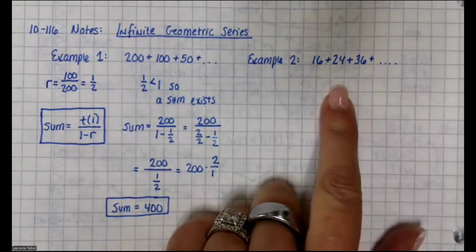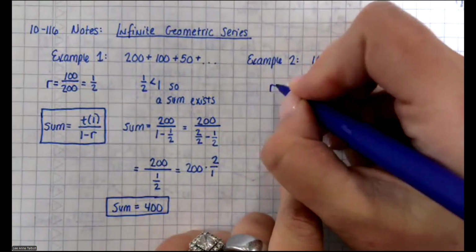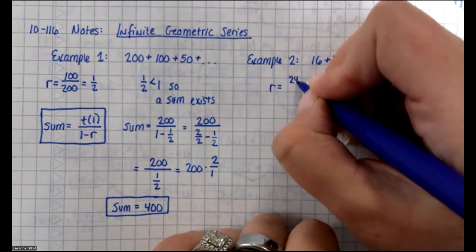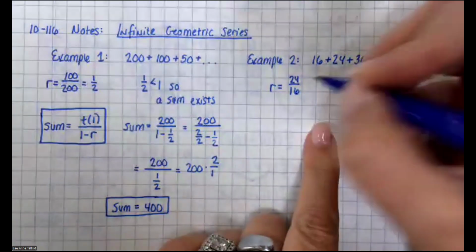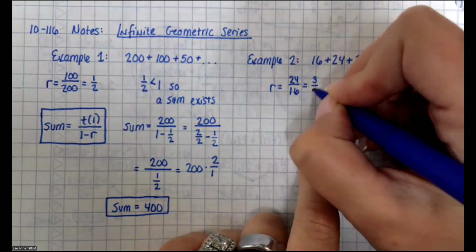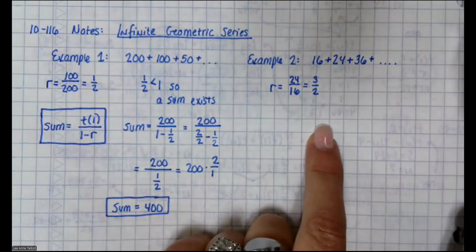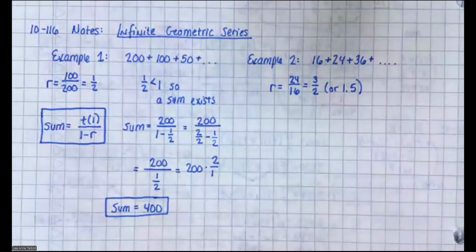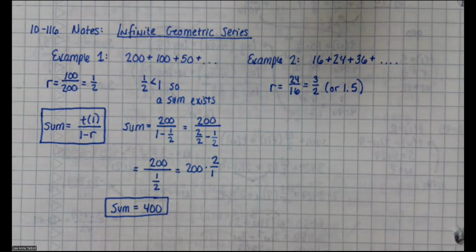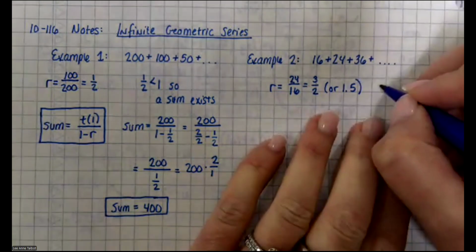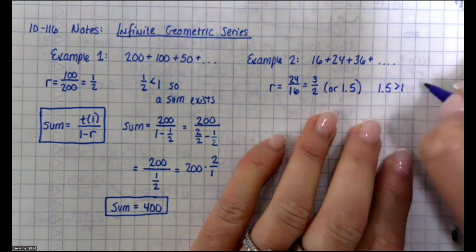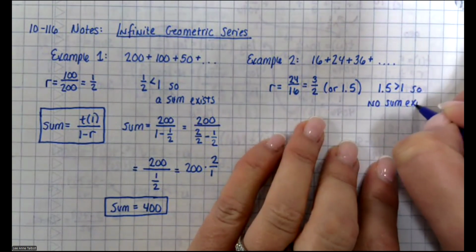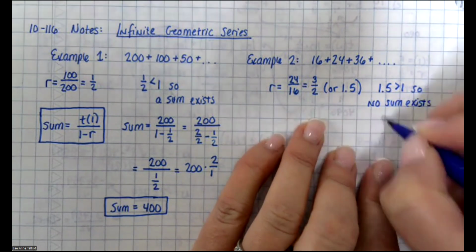Okay, last one of the day. r equals 24 over 16, which is 3 over 2, or 1.5. 1.5 is greater than 1, so no sum exists.